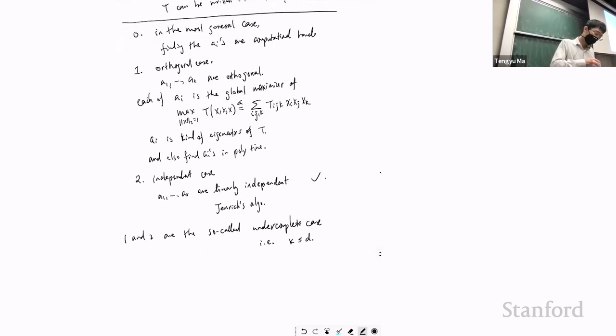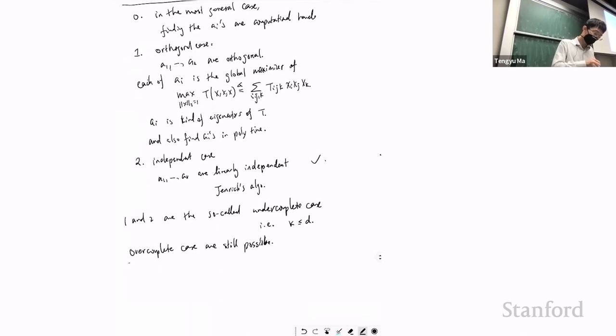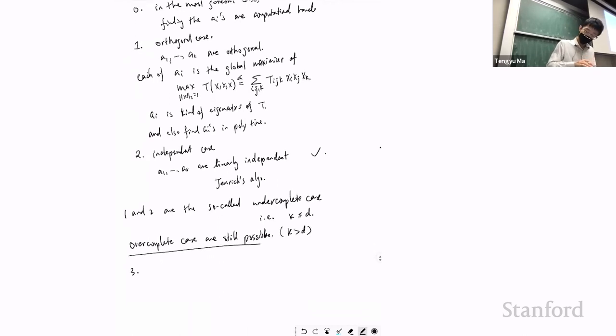But actually, you can also do this for the over-complete case. Over-complete cases are still possible in certain cases. There are several different ways to deal with the over-complete case, which means K is bigger than D. The first one is that you can look at higher order tensors.